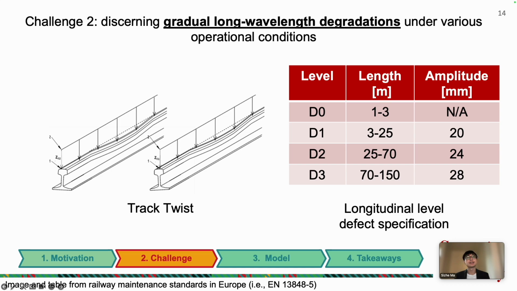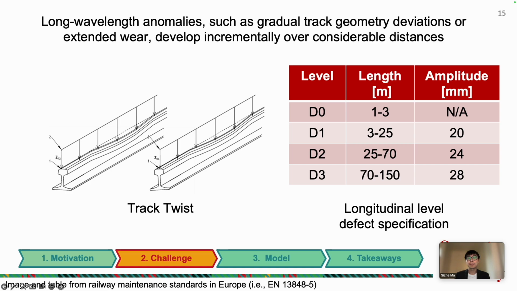The second key challenge we'd like to point out is discerning gradual long-wavelength degradations, such as track twist or longitudinal level defects. These defects often develop slowly over an extended distance. In fact, these long-wavelength anomalies develop incrementally, so the deviation in any single short track segment can be almost imperceptible in isolation.